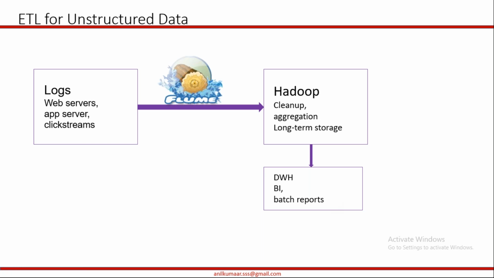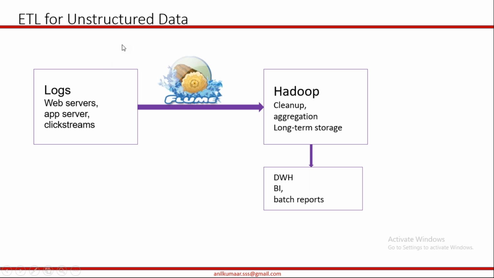That's a separate thing. You'll be using some reporting tools like QlikView or Tableau, or taking the data to any data warehouse systems or batch reports. That is no concern of this particular PIG. PIG is only working in these areas, cleanup and aggregation.